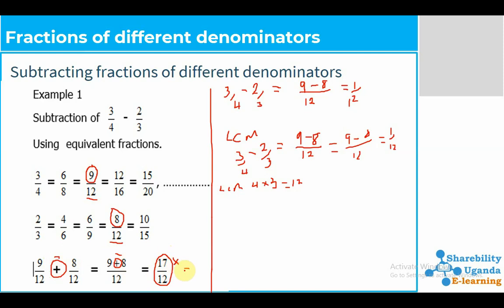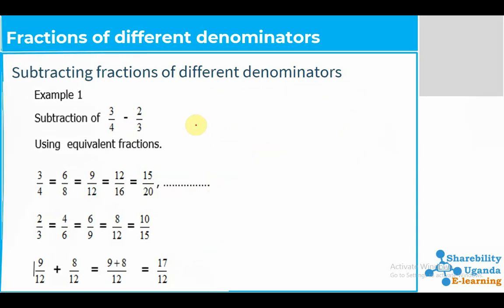Our answer here is 1 out of 12. That is how we solve addition of fractions with different denominators, and subtraction of fractions with different denominators.